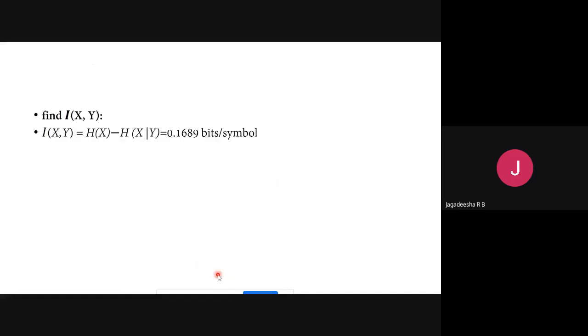Then finally, coming to the last step, that is the mutual information between X and Y. Using the first relation, that is the entropy of the input minus the conditional entropy of the input. The second relation is with respect to the output: the entropy of the output minus the conditional entropy of the output.